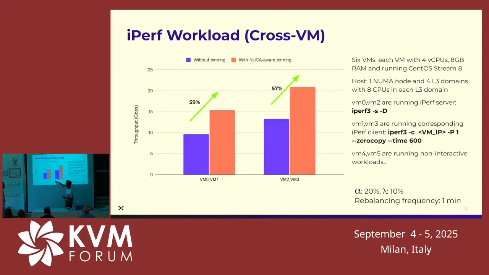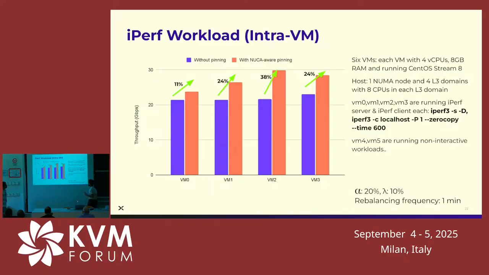And with that, the performance went up by 60%, which was great. Another thing that I would like to mention is the alpha and lambda hyperparameters that we discussed earlier. So we actually use 20% as alpha, the capacity correction factor, and lambda, which is the rebalancing threshold, is 10%. So if the percentage change is not more than 10%, then we are basically skipping the rebalancing.